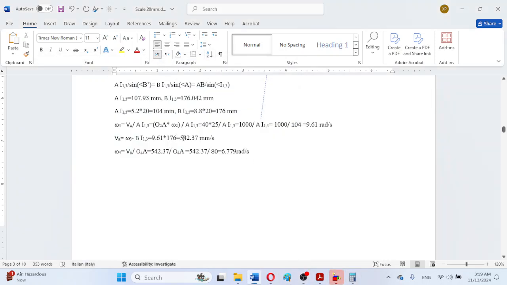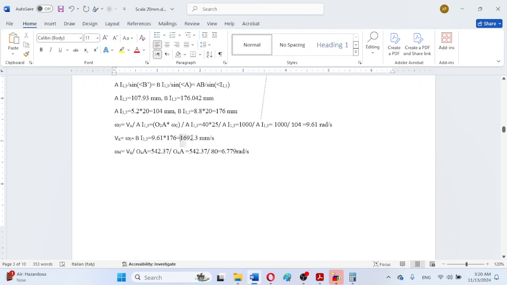So that is equal to 1692.3 millimeter per second approximately. Now omega 4 in the case of the closed circuit will be equal to the magnitude of VB divided by O4A.